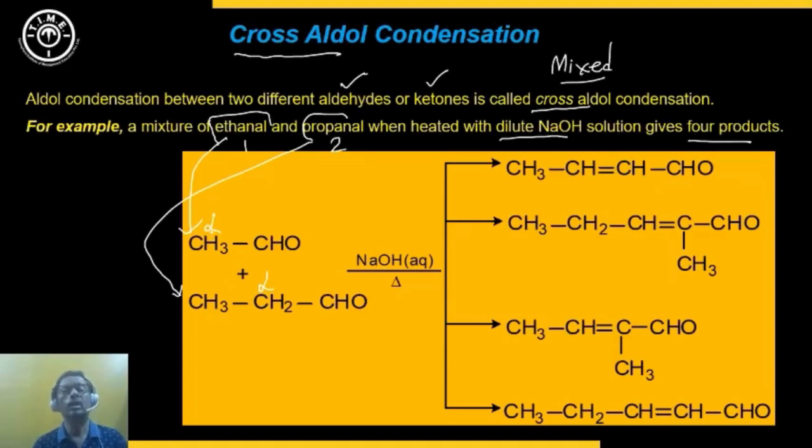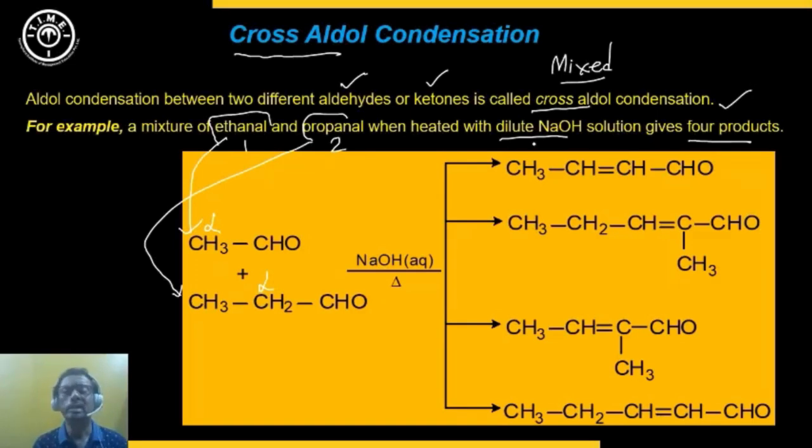So the carbanion of one may hit the carbonyl of another. Let us say that carbanion 1 hits carbonyl 2, or carbanion 2 hits carbonyl 1, or carbanion 1 hits carbonyl 1 itself, or carbanion 2 hits carbonyl 2 itself. So we get 4 products.